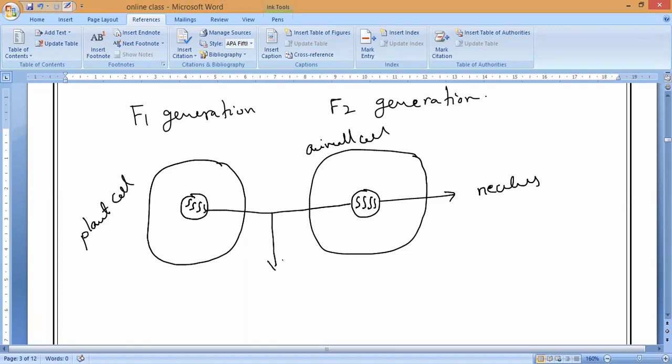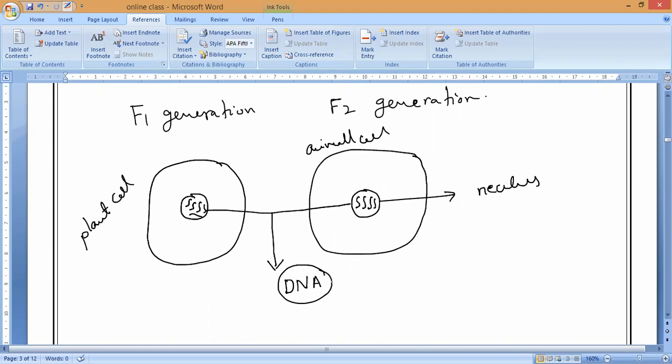These thread-like structures are what we call chromosomes, which are formed by DNA inside the nucleus of a cell.